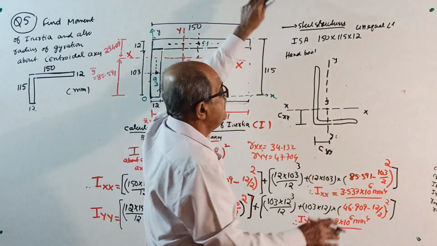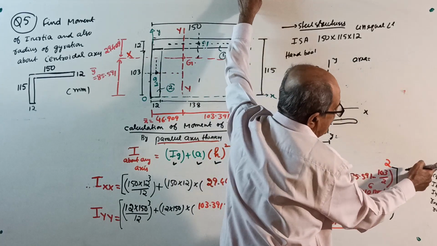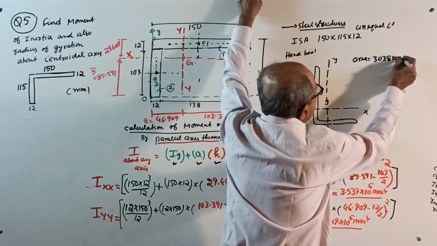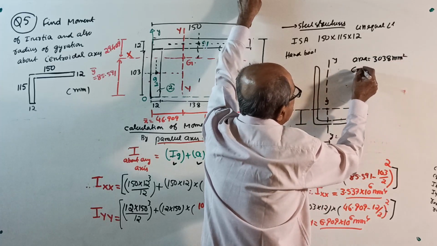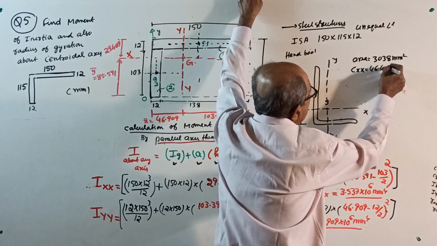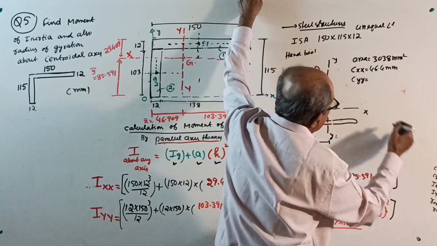Then in the properties they told area equal to, I noted down, 3038 mm square. Then they told Cxx equal to 46.4. I copied all from the IS handbook. They told Cyy equal to 29 millimeter.